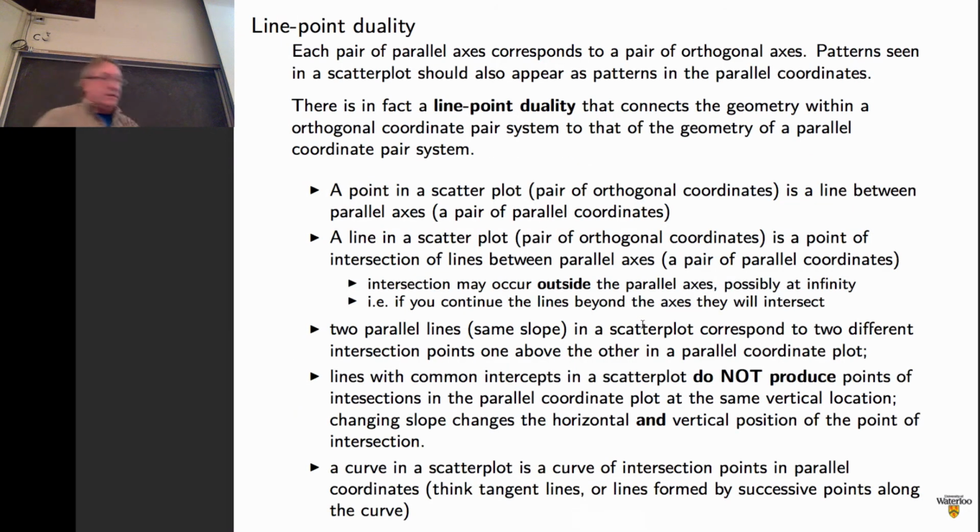So, this is where it's going to get interesting. It's kind of a dense slide here. But there's in fact a lovely connection between parallel coordinates and Cartesian coordinates. Lovely mathematical connection. And this is called a line-point duality, in the sense that we saw when we did parallel coordinates, just think of two axes, a point on a plane, right?